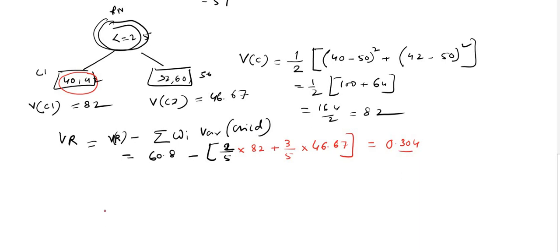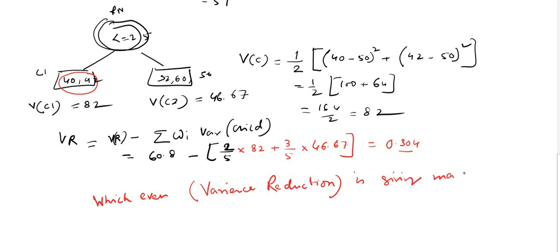The important decision is, whichever variance reduction is giving the max value, select that split.